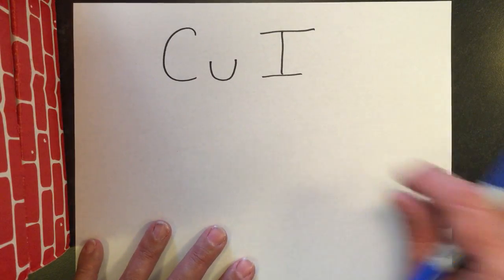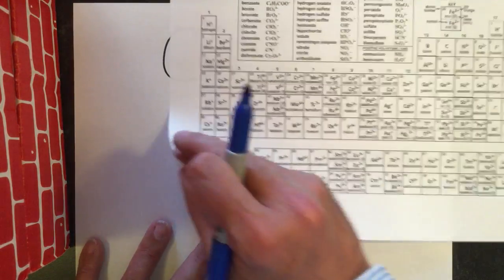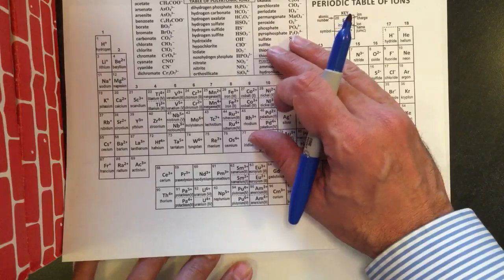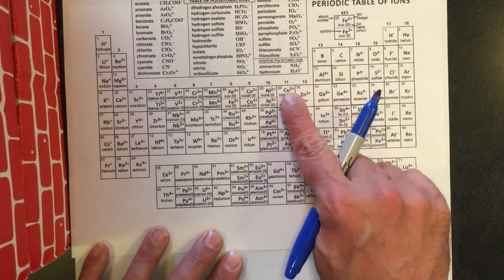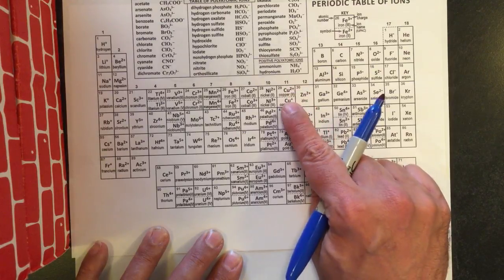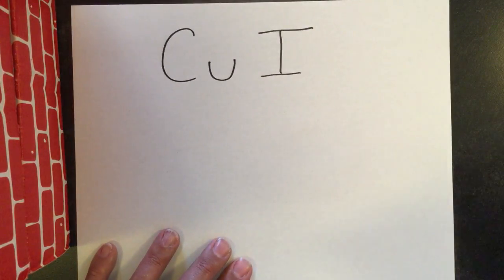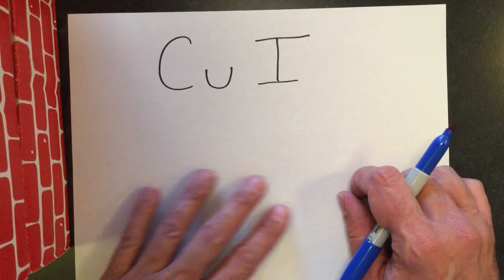CuI, excellent. I know Cu is copper and I is iodide. But, oh man, when I check my periodic table of ions, sometimes copper is copper 2 with a 2+. Sometimes it's copper 1 with just a +. So here's the deal. I've got to figure out which one it is.